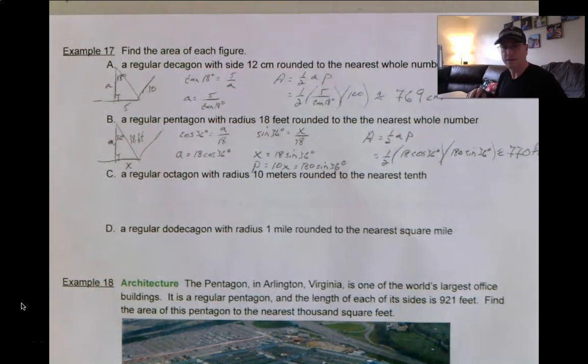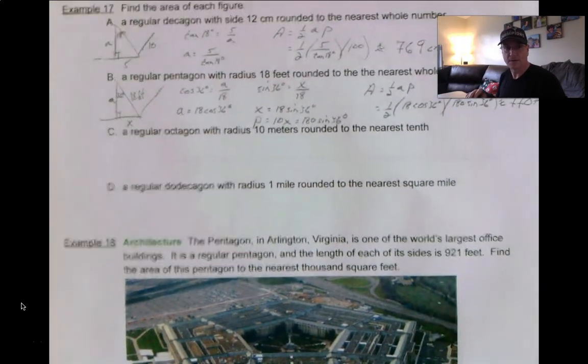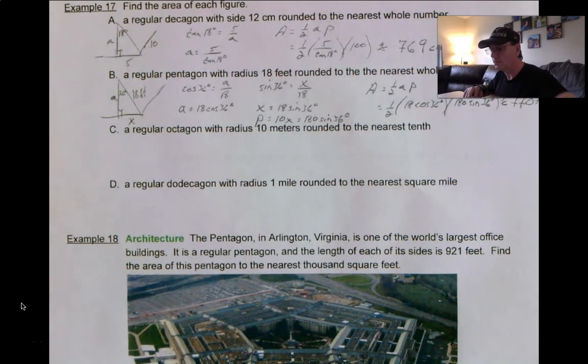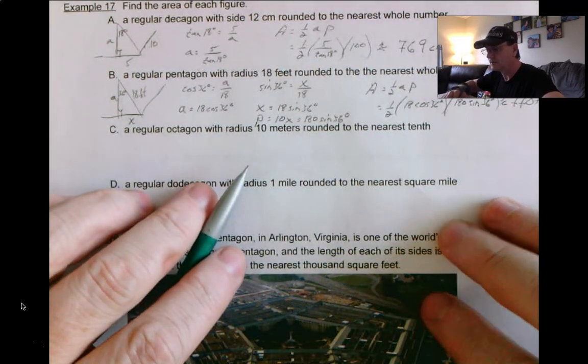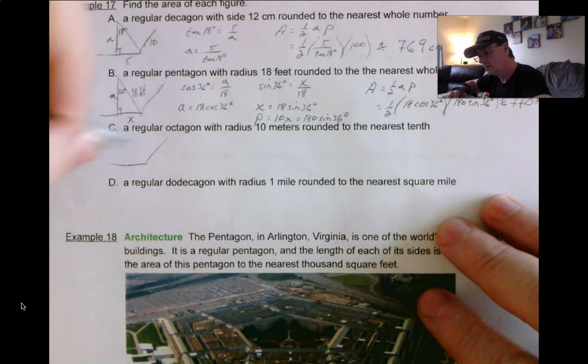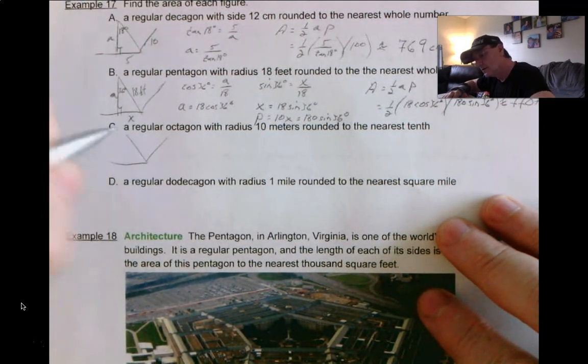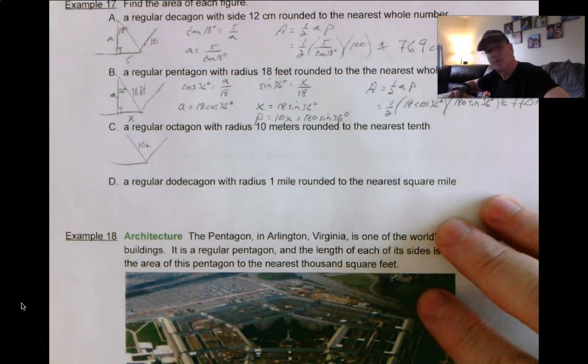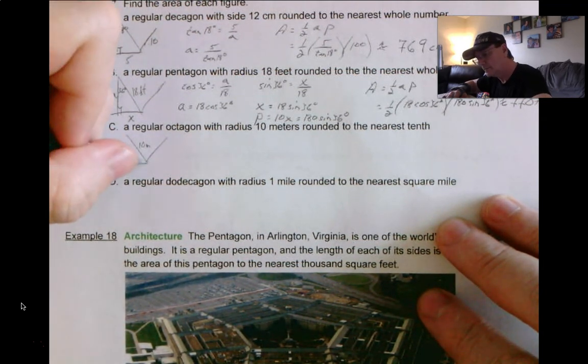Alrighty. Part C, a regular octagon with a radius of 10 meters. So again, this time it's an octagon. Radius is 10 meters.